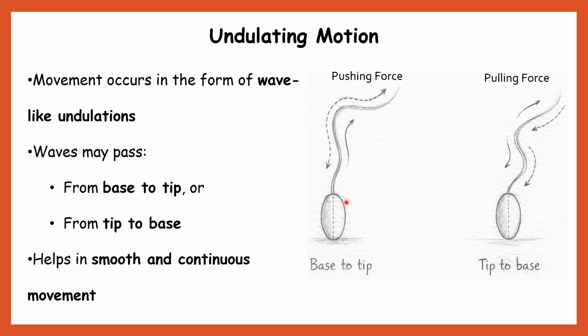See the arrow mark here. The wave is traveling, starting from the base and ending at the tip. Because of this wave-like formation, where the wave starts at the base and ends at the tip, it creates a pushing force where the flagellate pushes towards the downside.